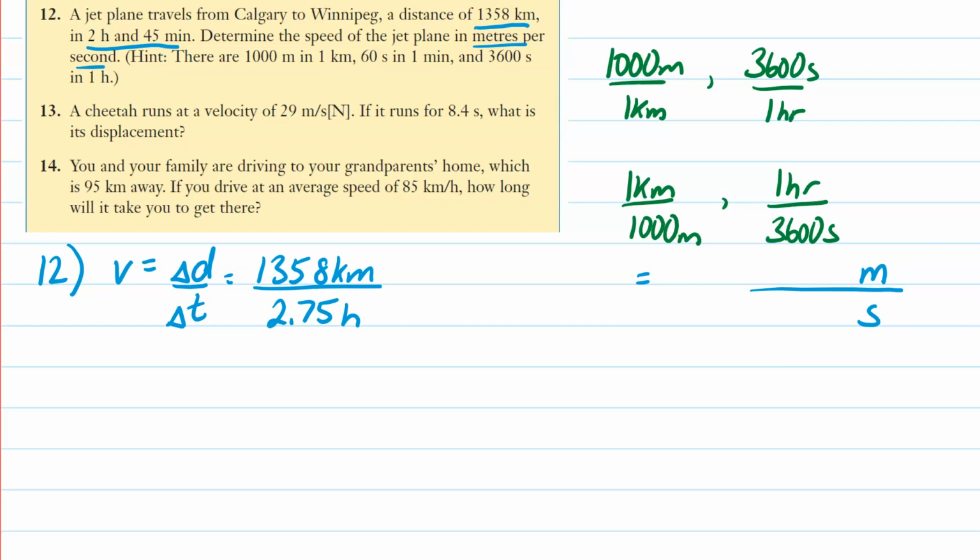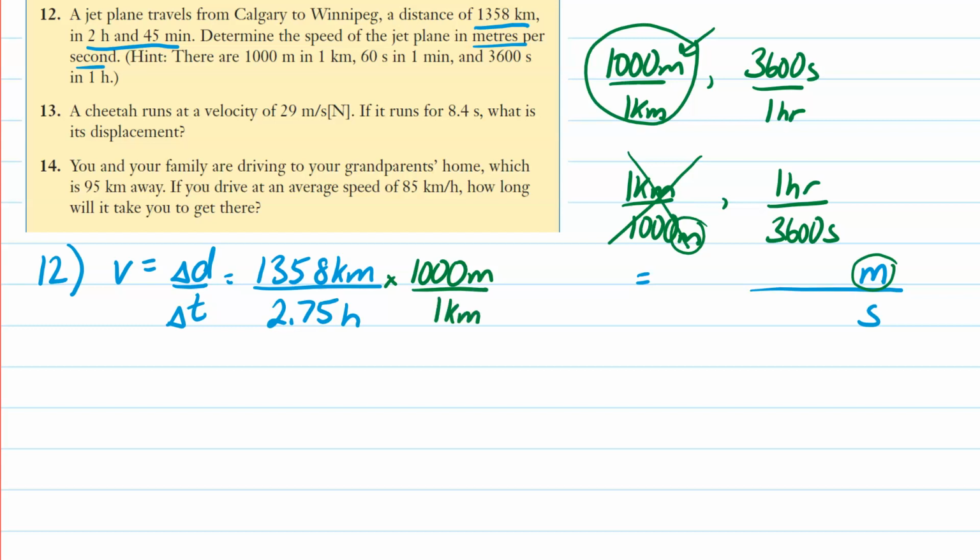What I mean is, if I want meters on the top line, then I'm going to choose the conversion factor that has meters on the top line. I'm not going to choose the bottom because meters is on the bottom. I want meters on the top, so I'm going to multiply this by 1,000 meters for every 1 kilometer.